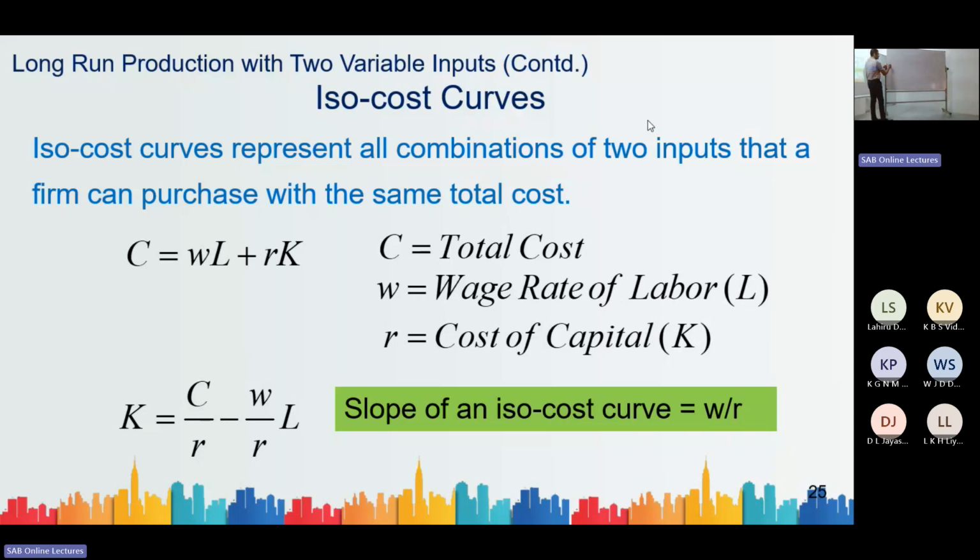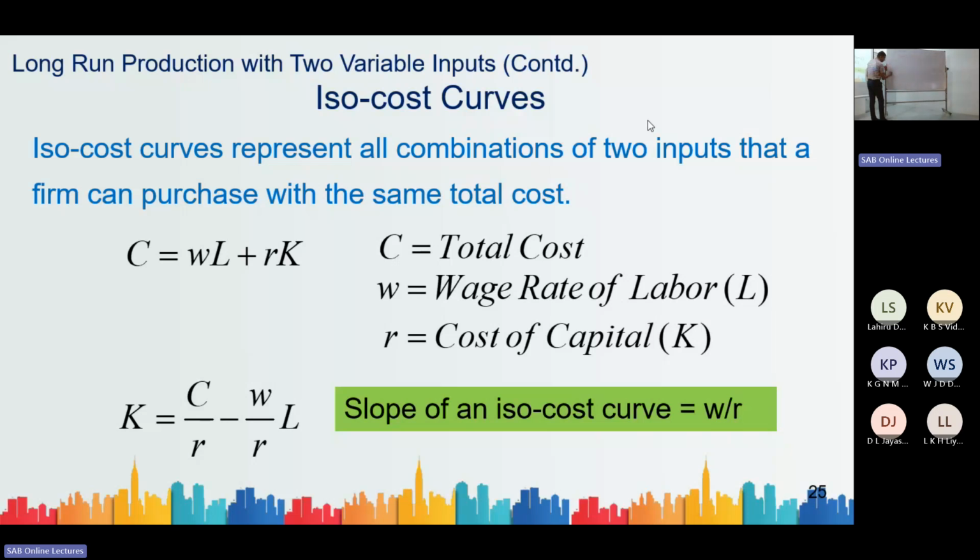Then we want to isolate K. To isolate K, what do we have to do? We can divide both sides by R. Then R and R get cancelled out.